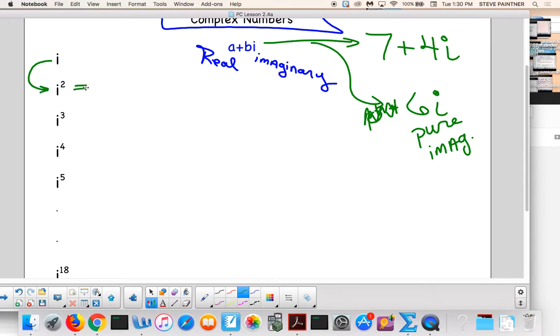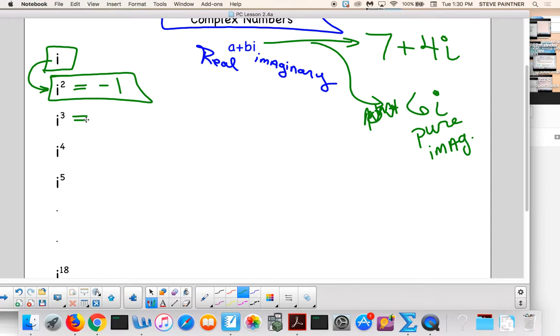What's the answer now? Do you guys remember? I said, don't forget that i squared is always what? Everybody good so far? Okay. i is i. i squared is -1. What's i cubed?